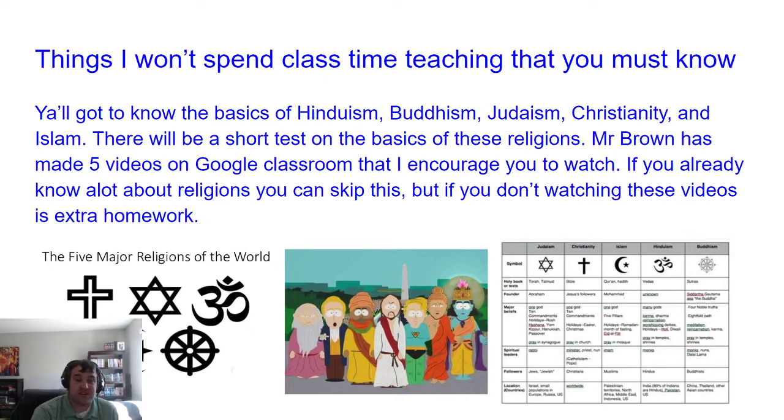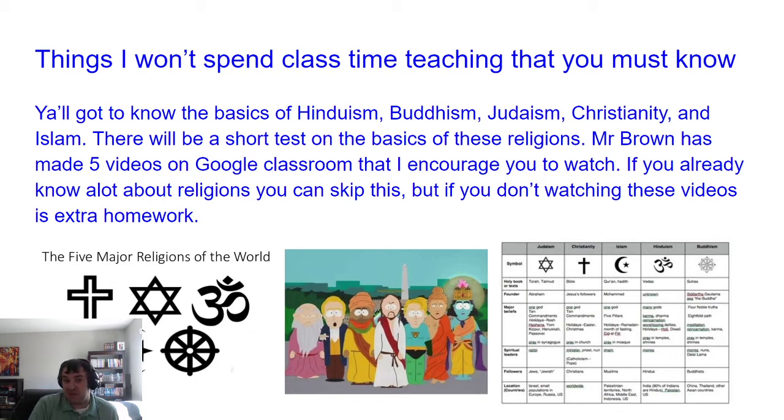These 5 religions are a huge part of human culture. They're definitely reasons why a lot of big changes and big decisions happen over the course of world history. If you already know Christianity really well, skip the video. If you already know Hinduism really well, skip the video and try to go straight into the test.